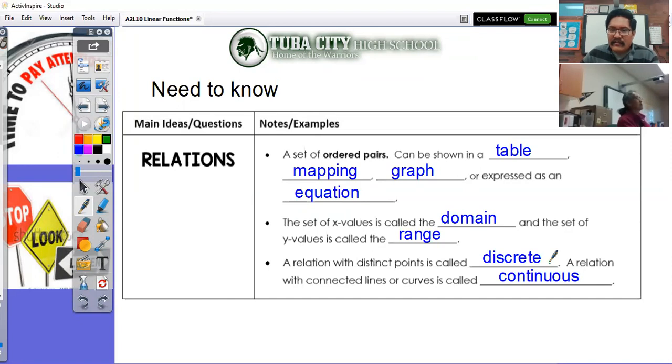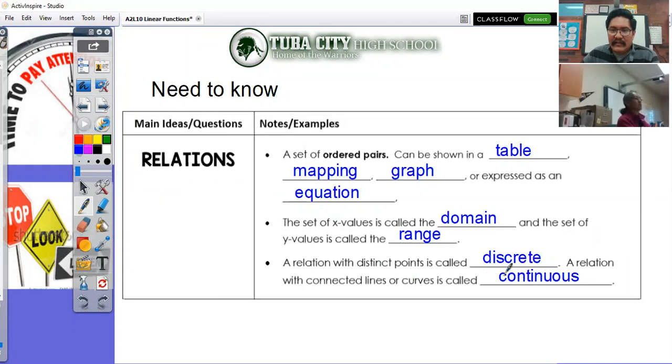Another example for discrete would be like buying something. So if you were to go to a restaurant and order something from the dollar menu, you cannot buy half a hamburger. So you can only buy them in full numbers, in whole numbers. So you cannot buy like 4.5 hot and spicy McChickens. That's an example of a discrete function. The other one is continuous.